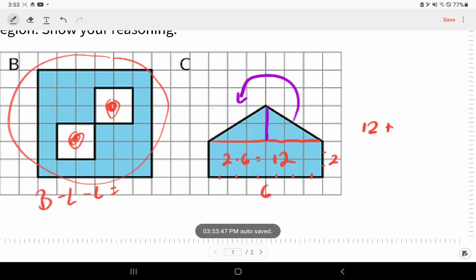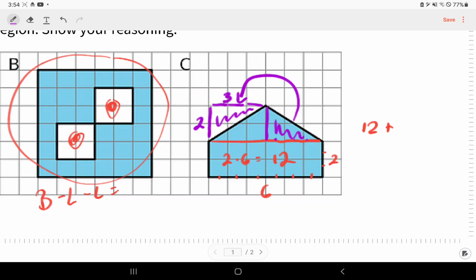It's 2 down and 1, 2, 3 across. 1, 2, 3 across. And so now this space is this space. And so now I've got a rectangle there that is 2 down and 3 across.